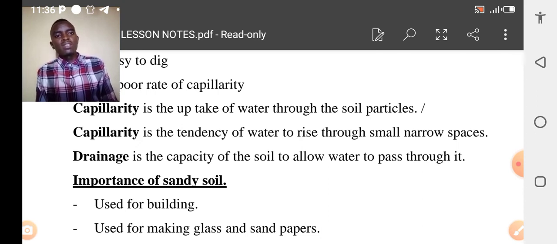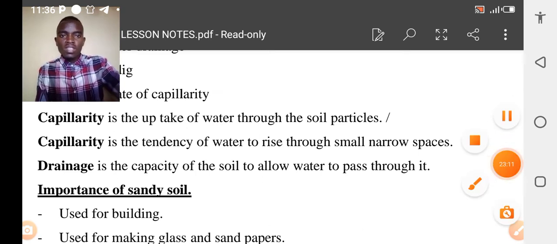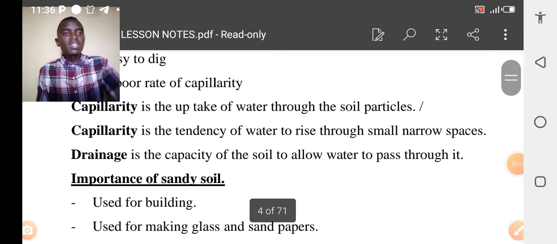So we have seen the importance of sandy soil, the importance of clay soil, and the importance of loam soil, and now we are going to see the importance of sand soil used for building. You know that sand soil is used in building houses.